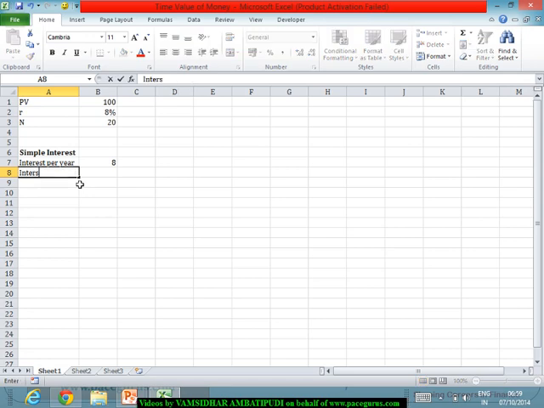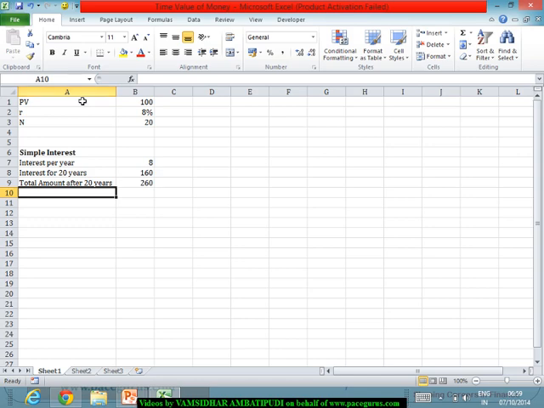So interest for 20 years is going to be 8 times 20, which is 160. So the total amount after 20 years is going to be 100 plus 160. So whatever the 100 I am depositing, I will be receiving 260 at the end of 20 years if I am going with a simple interest mechanism.